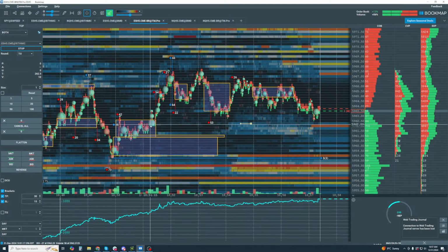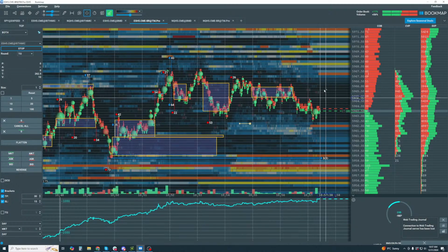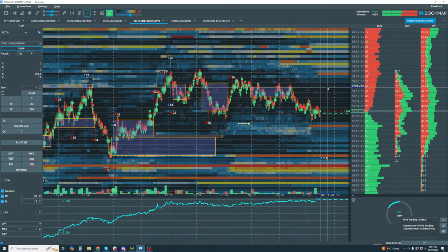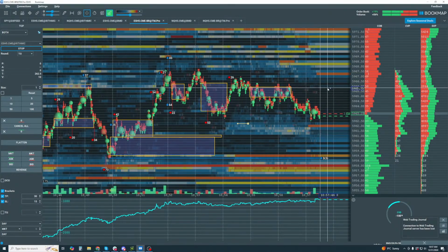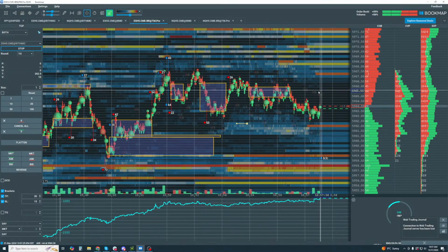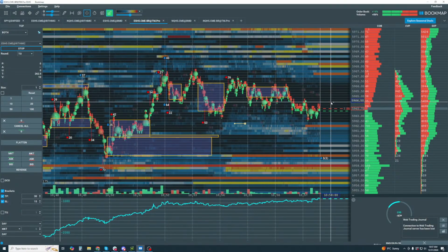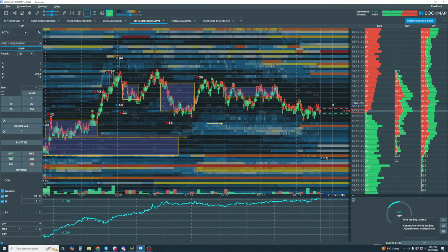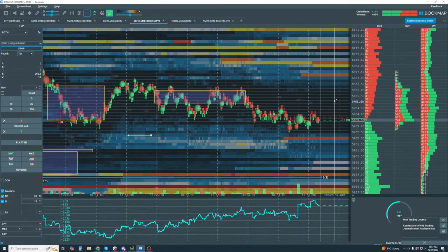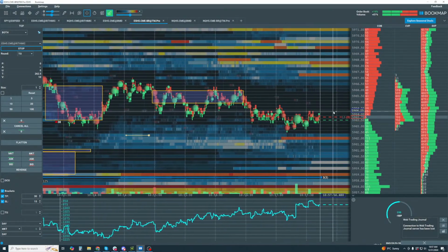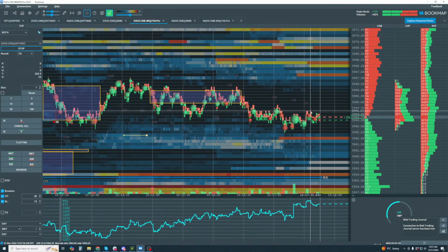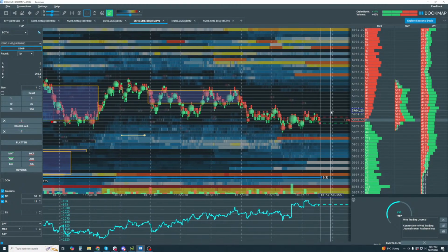That's what we're this area. See if we get some buying right in here, I'm interested.